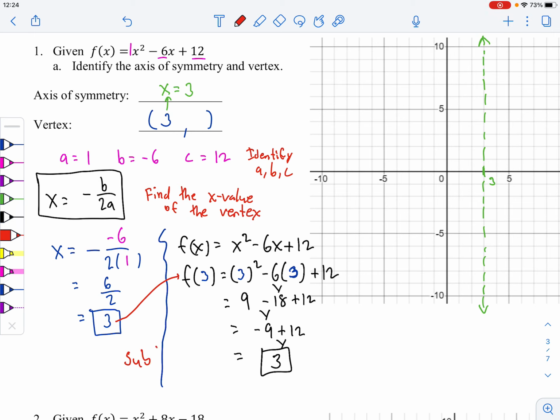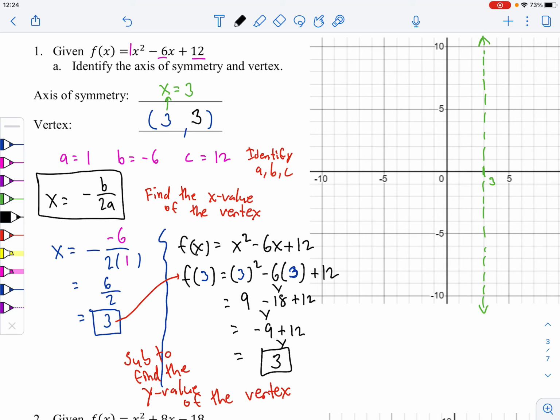So we substitute to find the y value of the vertex. So our y value of our vertex is 3.